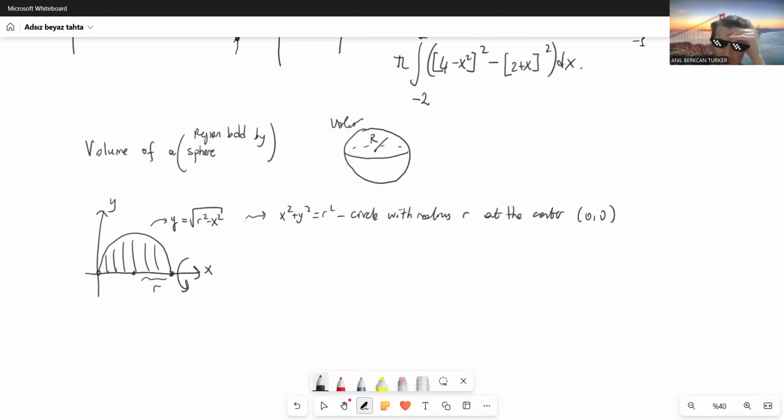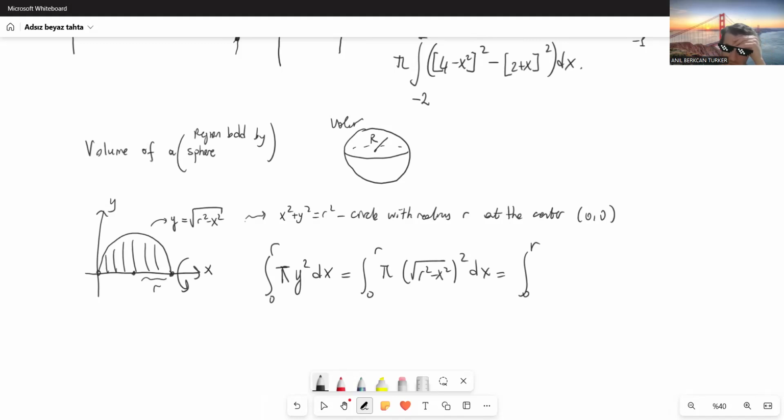Now it is from 0 to r, pi times this equation squared dx, which is 0 to r, pi times (r squared minus x squared) dx. Now this r is constant, right? This is a proper integral, a continuous function, and the boundaries are closed and bounded.